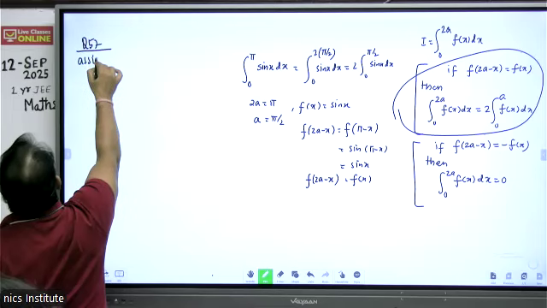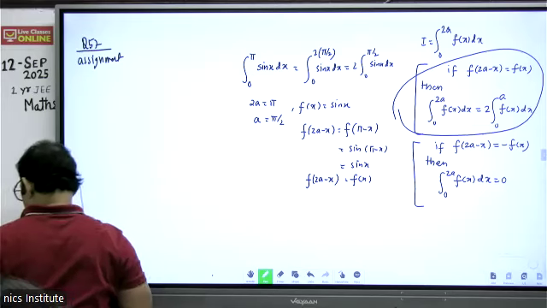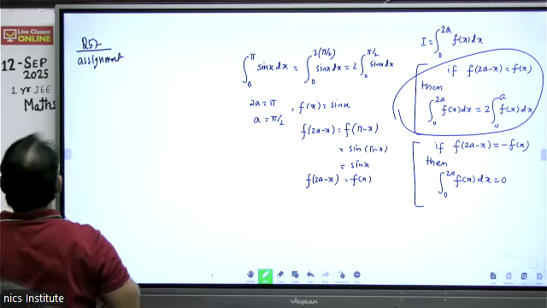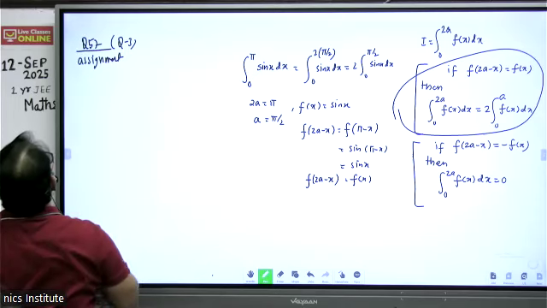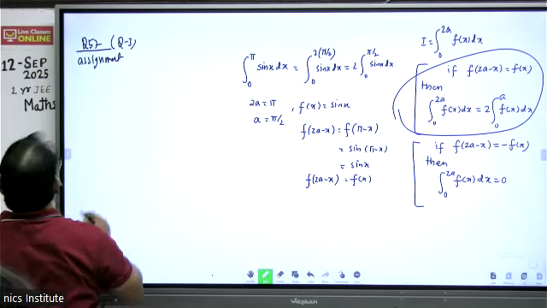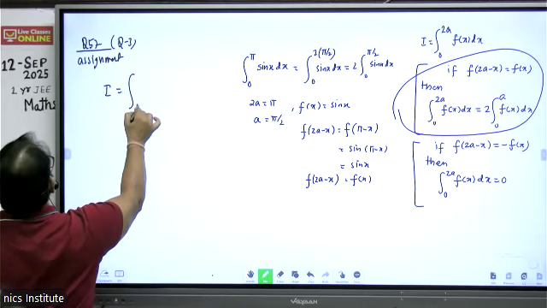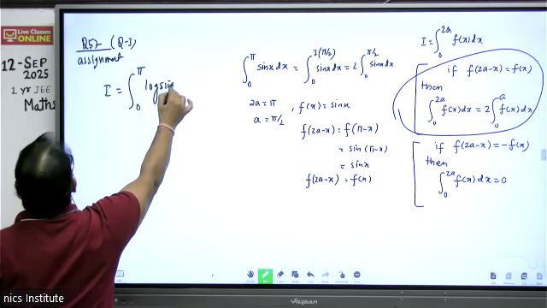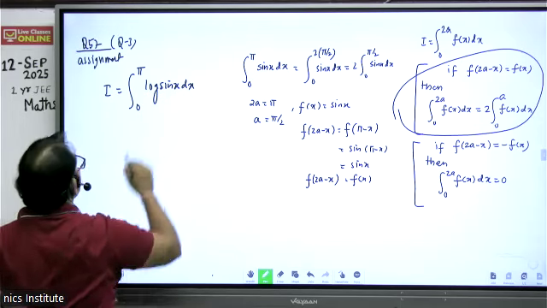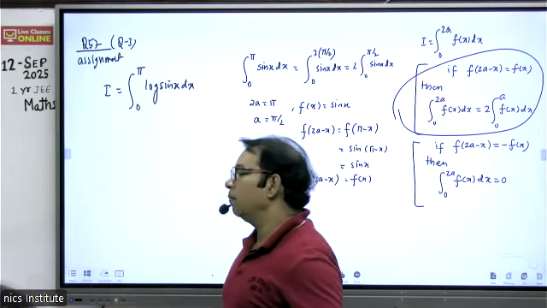Question 3 ka 57th part. It is 0 to pi log sin x. It's a very important question where you can apply this property.